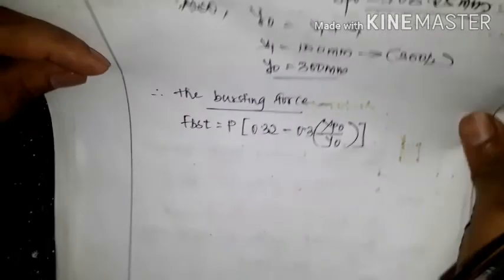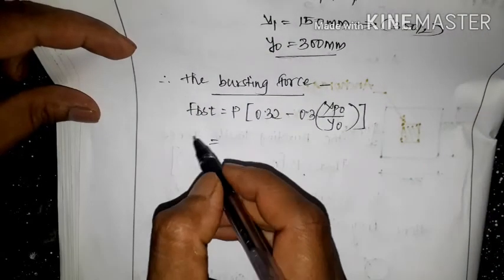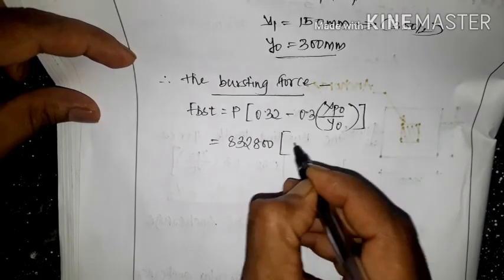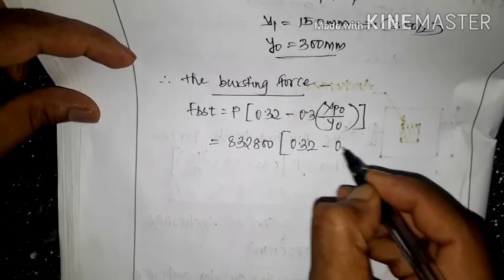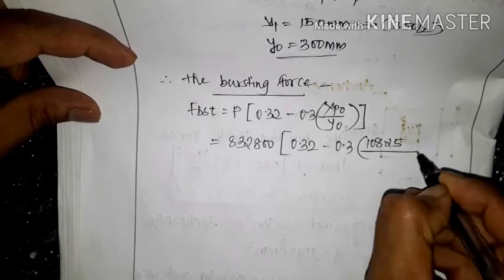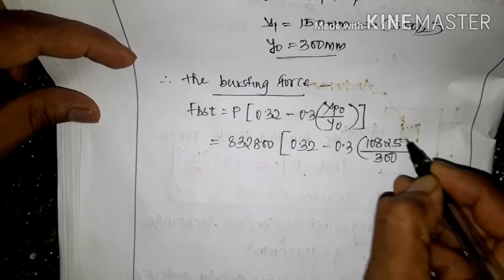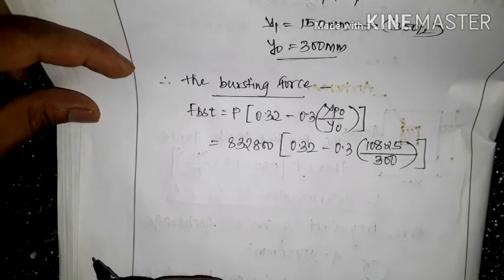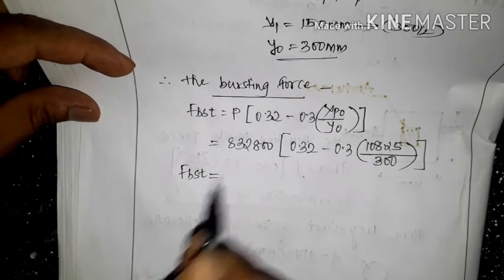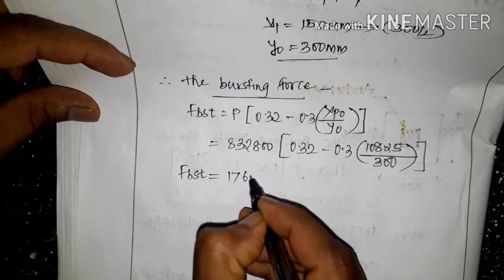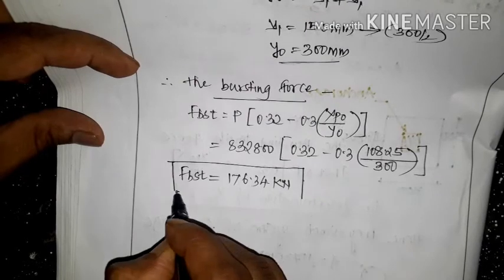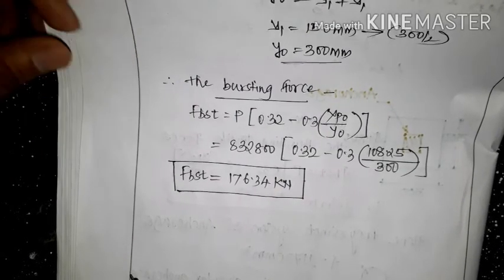P is given as 832,800 into bracket of 0.32 minus 0.3 times Yp naught 108.25 and Y naught 300. So we get the bursting force FBST as 176.34 kilonewton.